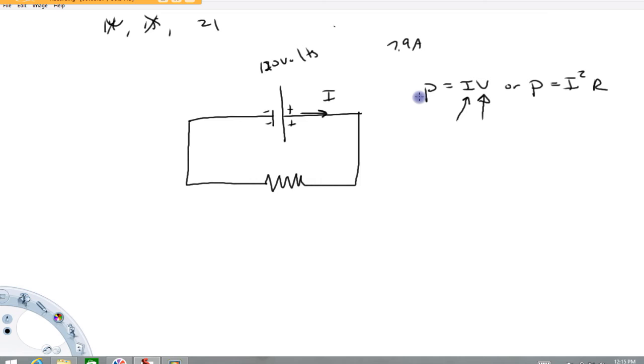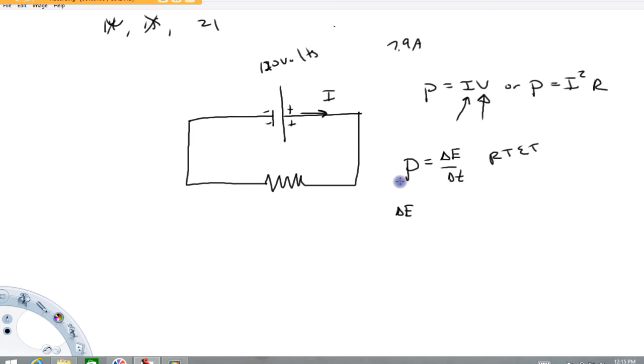Part B, where it says how much energy does this thing use in 2 minutes? In order to calculate that, let's talk about what power is. Remember that power is equal to change in energy over change in time, and remember how it's defined: the rate that energy is transferred. So if I know a power and a time, I can calculate a change in energy.